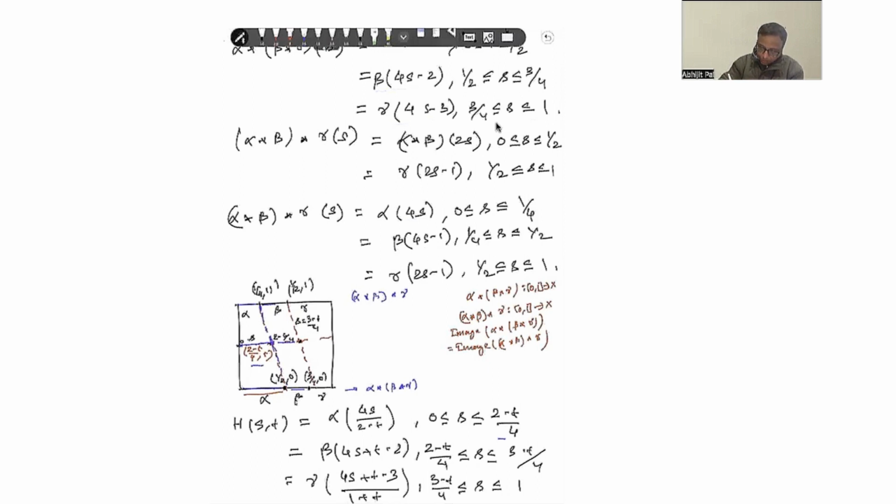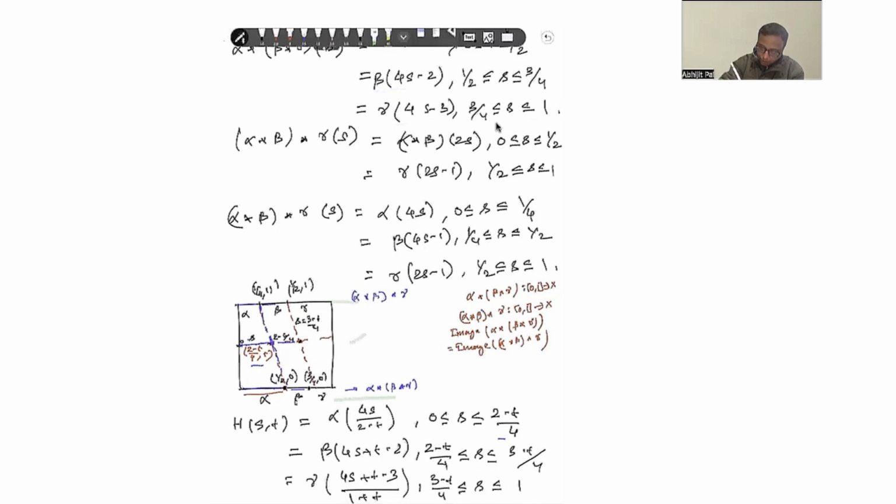So what is the homotopy? This will give you the homotopy. You can draw this picture here. So you take this unit square, and at the bottom you have alpha star beta star gamma, and then at the top you have alpha star beta star gamma with the other bracketing.